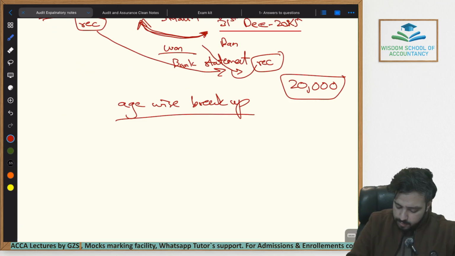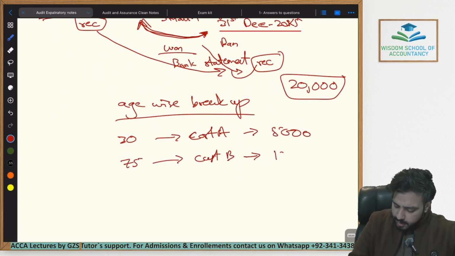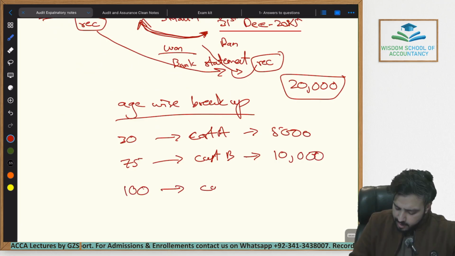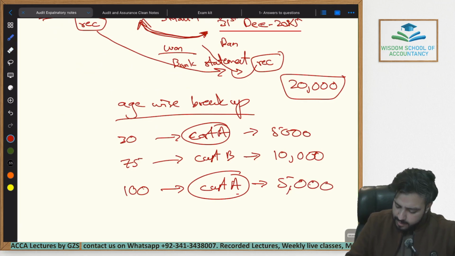If you ask the management for an age-wise breakup, it would mean it has been 30 days since customer A hasn't paid us $5,000. It has been 75 days since customer B hasn't paid us $10,000, and it has been 100 days since a customer has another amount that they haven't paid, also $5,000. So this is another amount that is remaining.